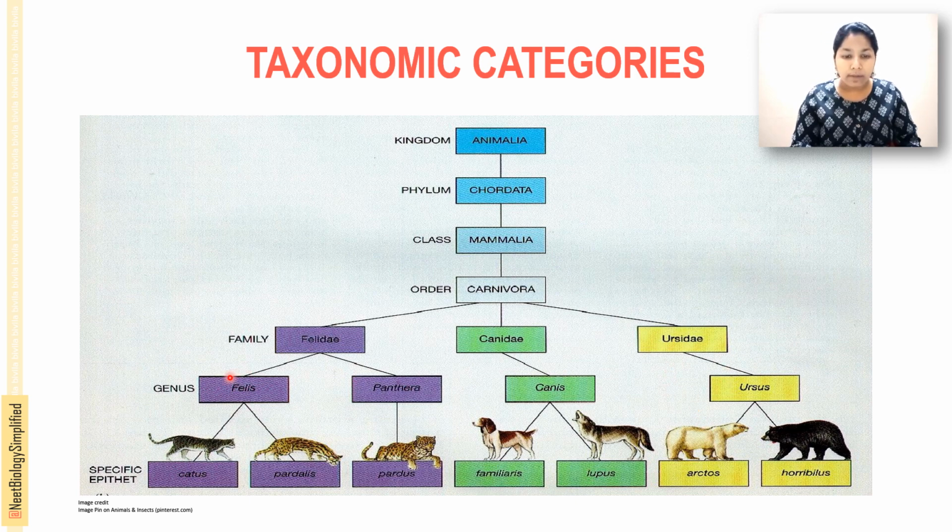And Felis and Panthera, they are coming under the family Felidae. This Felis and Panthera that contain Catus, Pardalis and Pardus are grouped in the family Felidae. And Canidae, the family that includes the Canis, that contains the species Familiaris and Lupus.